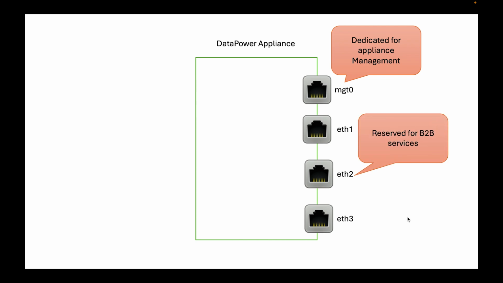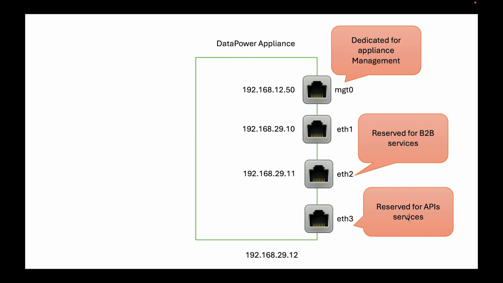Maybe ETH2 you can reserve for B2B services. Same way, you can reserve ETH3 for primarily API services. Once you decide their use, you get corresponding IP addresses from your network team and you assign those IP addresses over here. So far, so good.